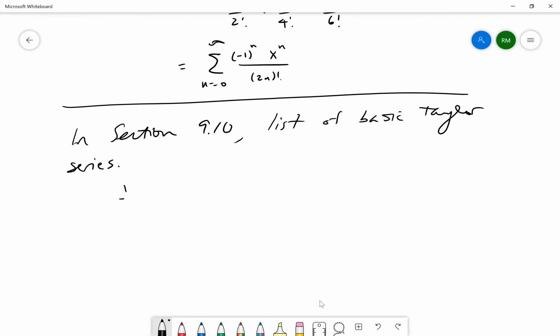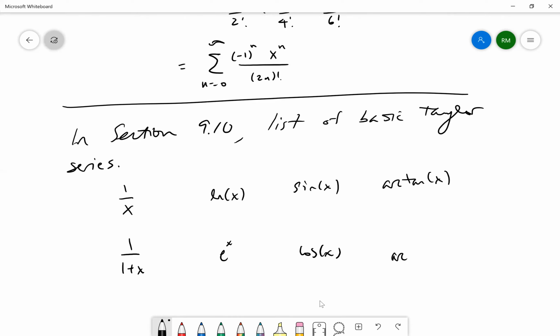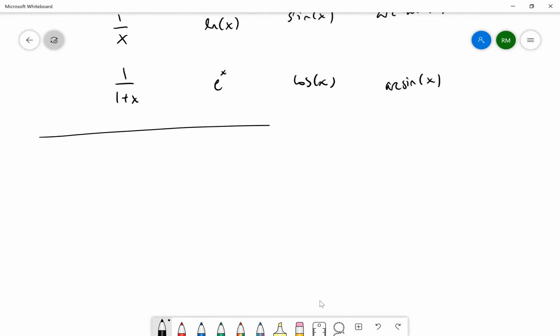So the functions that are there are 1 over x, 1 over 1 plus x, natural log of x, e to the x, sine of x, cosine of x, arctan of x, arc sine of x. You should be able to figure out what these Taylor series are using a variety of techniques that are described in the book.